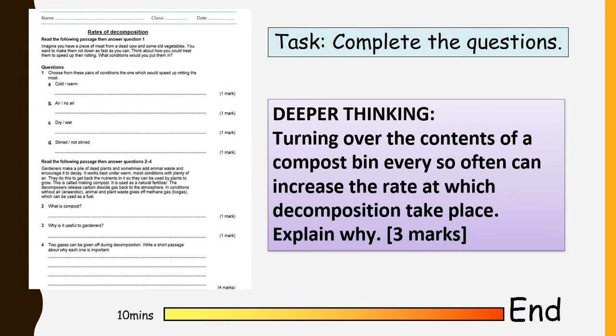Now, one of the main reasons really is to aerate that compost heap, to increase the levels of oxygen by turning it over, getting oxygen back into that. That relates directly to our factor that is needed for decomposition, which is oxygen. Oxygen is needed for our microorganisms to respire, release energy, reproduce, grow. More microorganisms means more decay, and we need to provide that oxygen to allow those microorganisms to survive and reproduce.